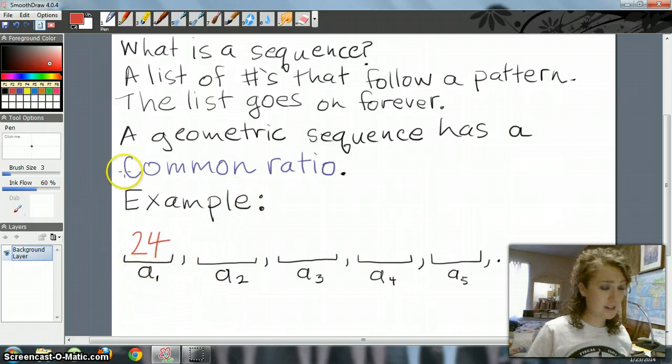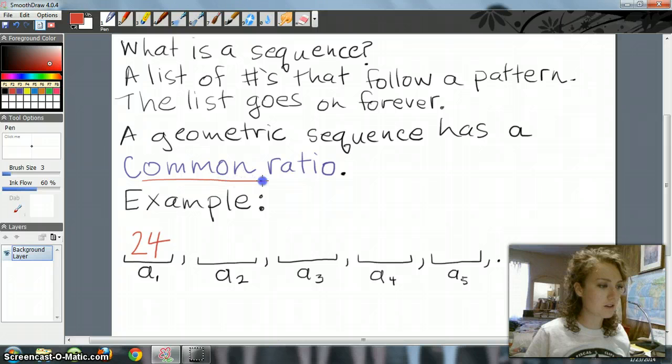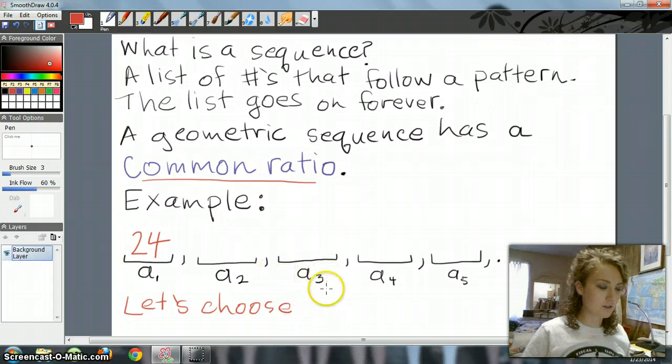Now, because we're the ones building this geometric sequence, we can also choose what our common ratio is. So, let's choose our common ratio that we call R. So I'll put that in parentheses up here.